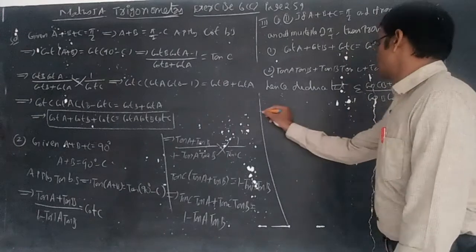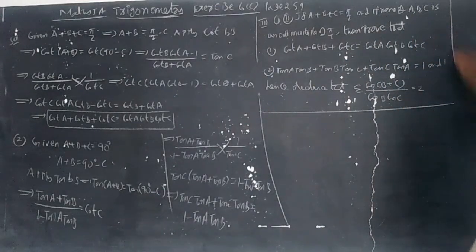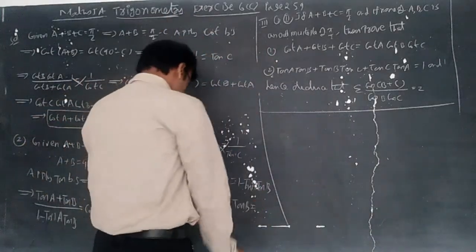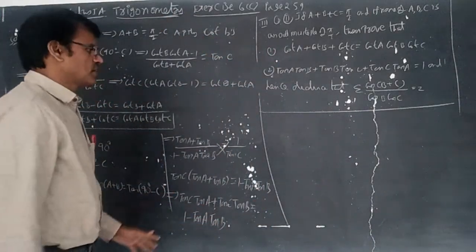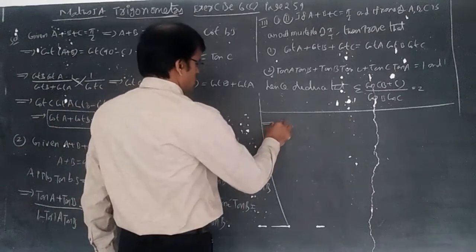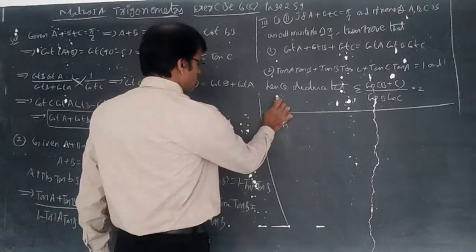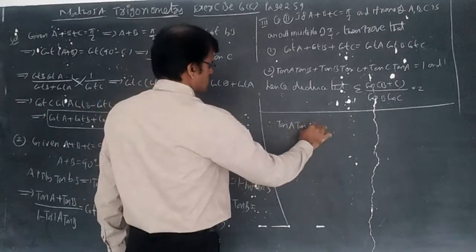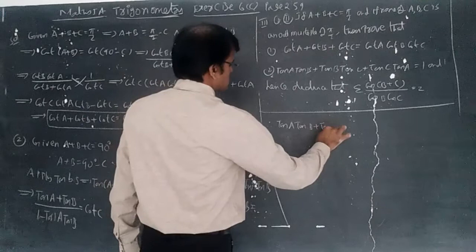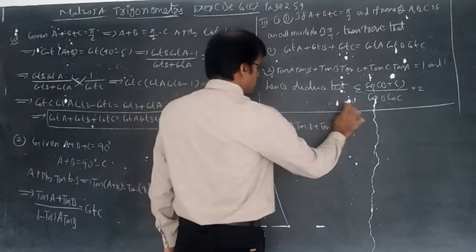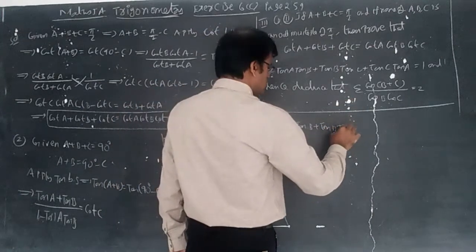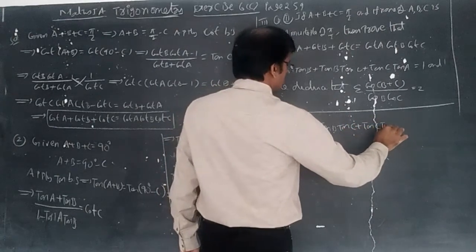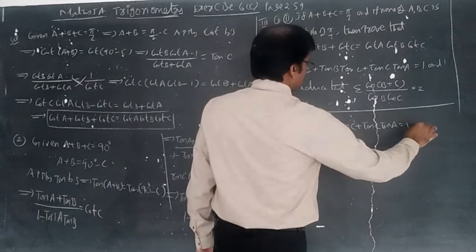Taking this set and writing it in order, therefore tan a tan b plus tan b tan c plus tan c tan a is equal to 1.